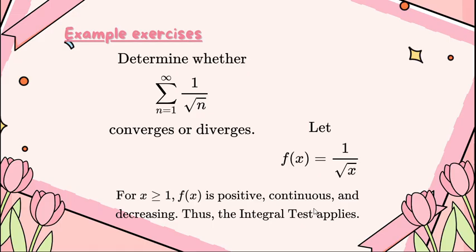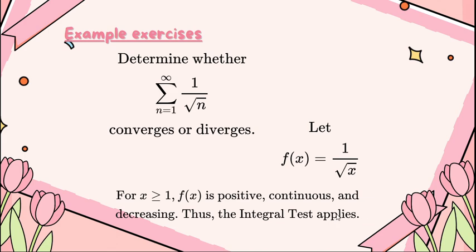If we put values in the denominator, for 1 we have 1, for 2 we have 0.7, for 3 we have 0.5. As you have observed, we always get a positive value, it is also continuous, and lastly, it is decreasing.